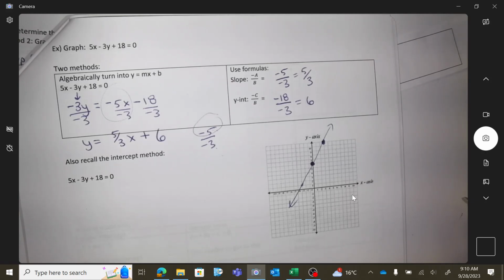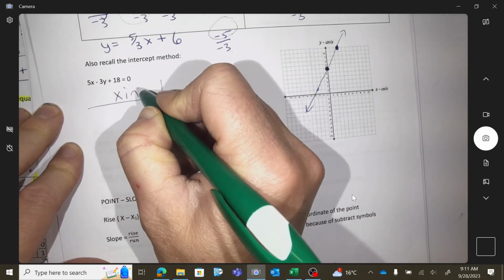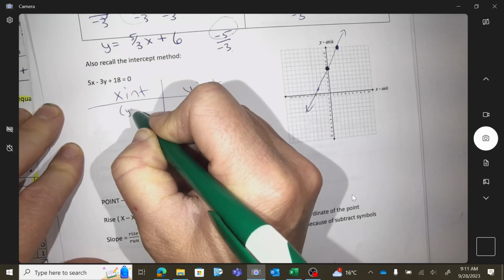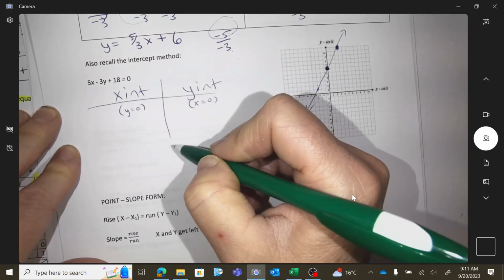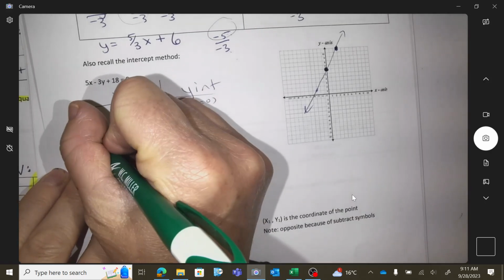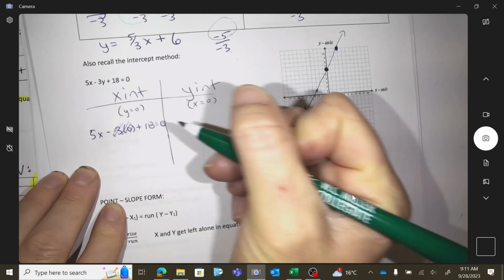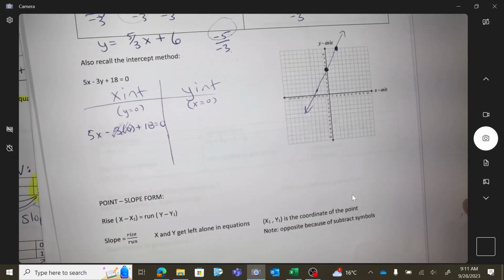Okay, this is not expected in this lesson, but it's just more practice. We're going to practice again with just x and y intercepts, and then let's see, does it fit into our puzzle as well? So on an x-intercept, the y got wiped away.